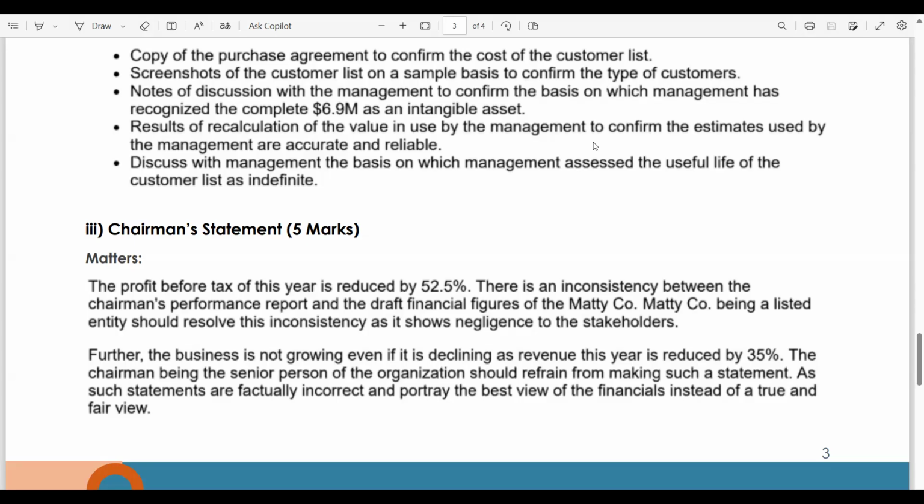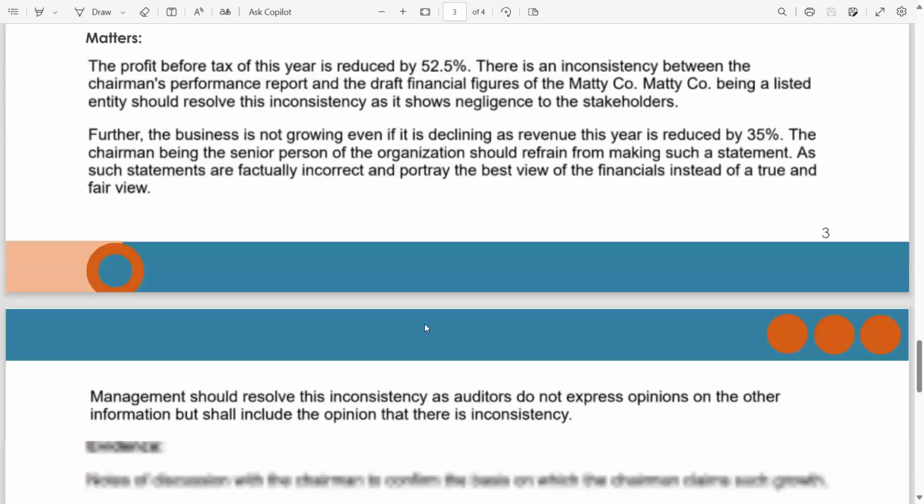Also, if you remember, this is a listed entity, and in a listed entity the shareholder is more attracted towards wealth, meaning the more the profit, the better return and dividend they will get. So this kind of inconsistency will impact the shareholders.